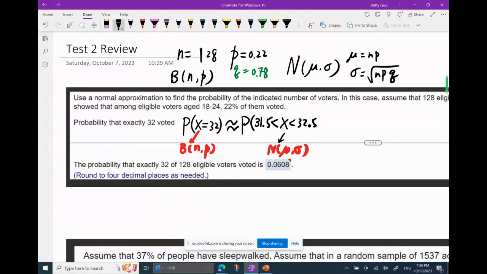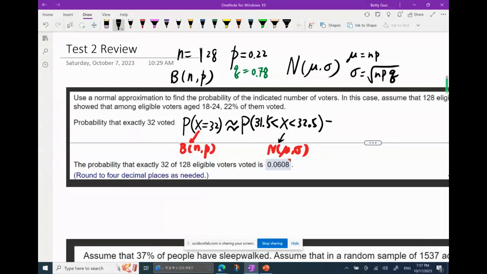If we let x fall in this interval from 31.5 to 32.5, then we guarantee x must assume the whole number 32 and no other whole number. The only whole number x assumes in this interval is exactly 32. So this is how we apply the continuity correction.